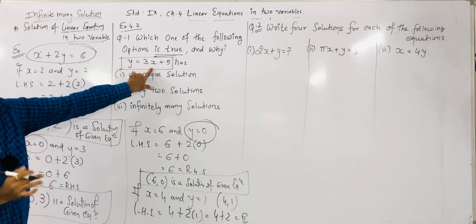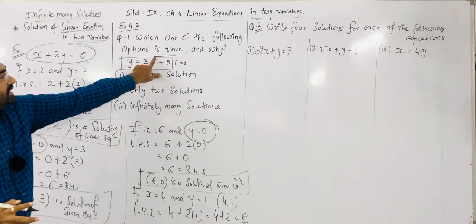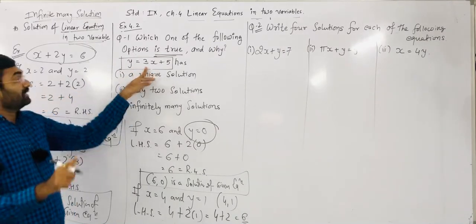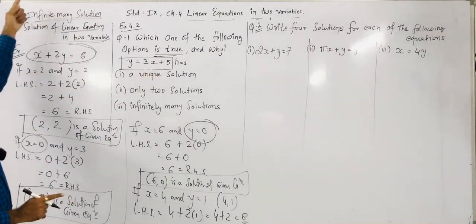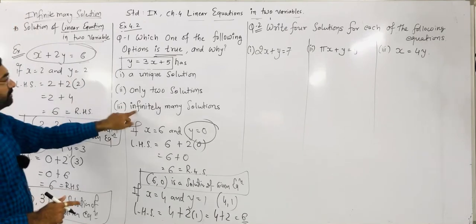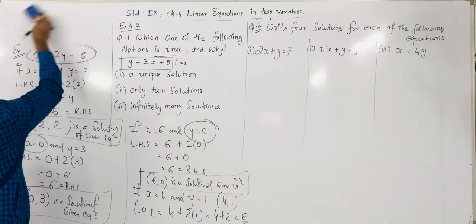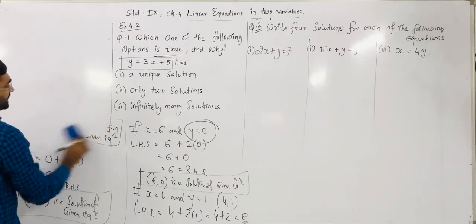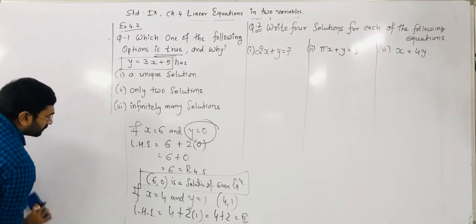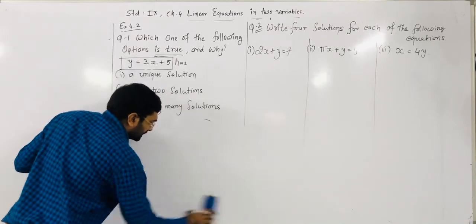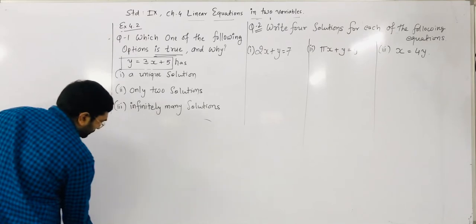In it there are two variables and both have degree 1. So we can say this is a linear equation in two variables. And a linear equation in two variables has infinitely many solutions. So its answer is infinitely many solutions. But they ask why? Because the given equation is a linear equation in two variables, right?